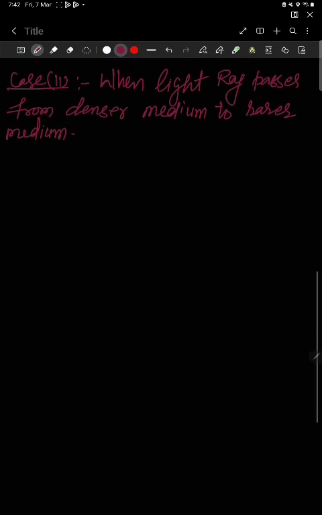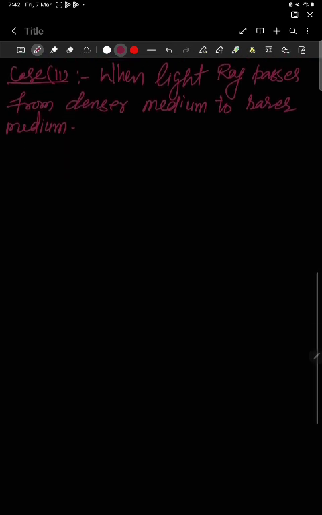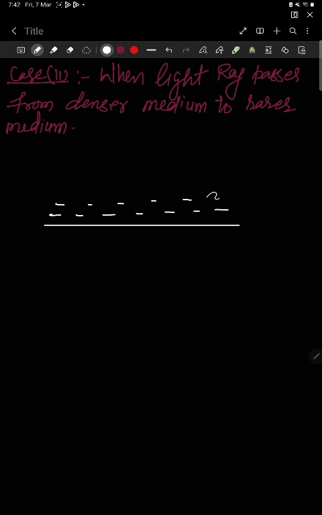So in this case, now light ray passes from denser medium to rarer medium. Let's take an example. Suppose again here there is water and air. So this side water and here it is air.